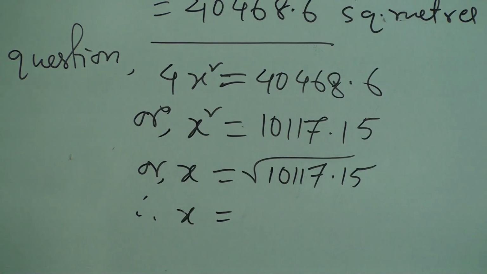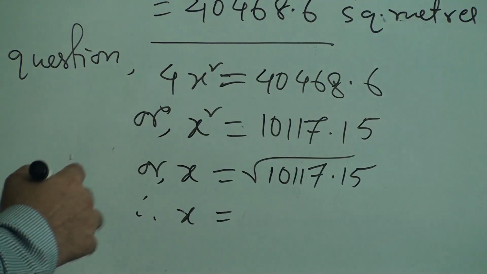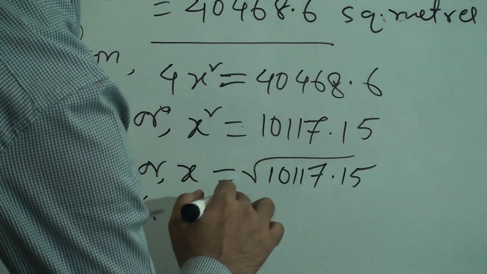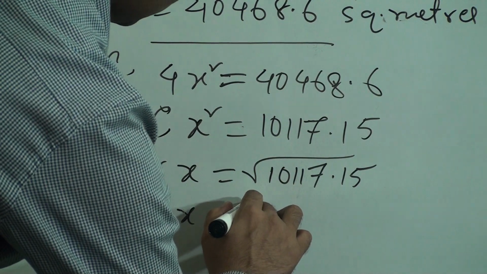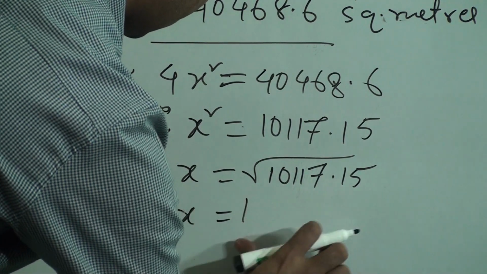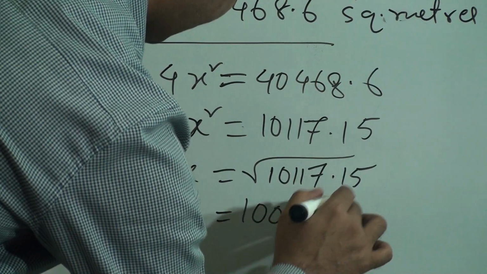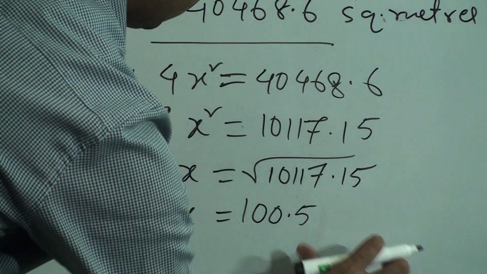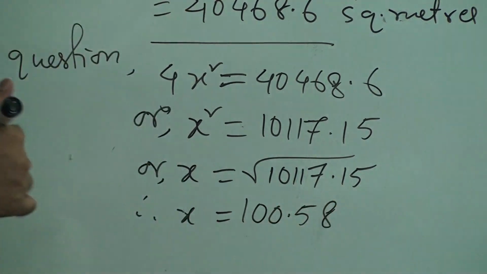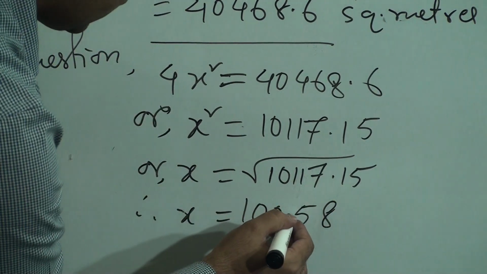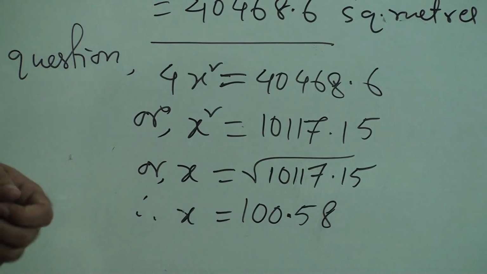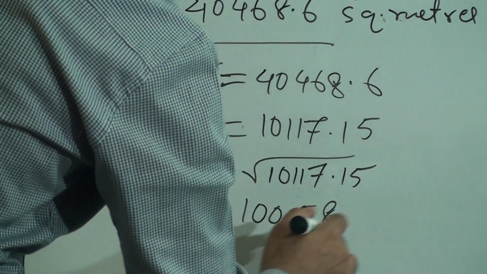This is 100.58. If we consider 2 digits after the decimal, we will get here 100.58, and if you want to take another digit, you can take.